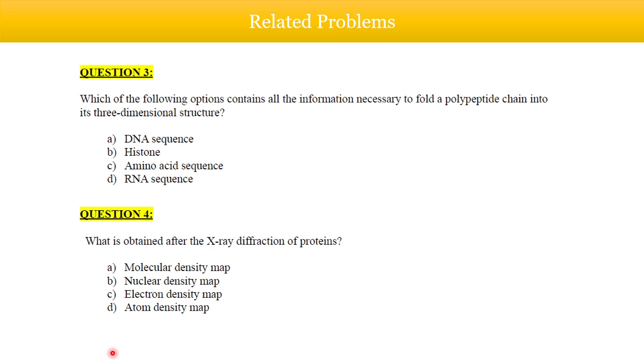The next question: which of the following options contains all the information necessary to fold a polypeptide chain into a three-dimensional structure? Which of the following options contains all the information for protein folding? DNA sequence, histone, amino acid sequence, or an RNA sequence?